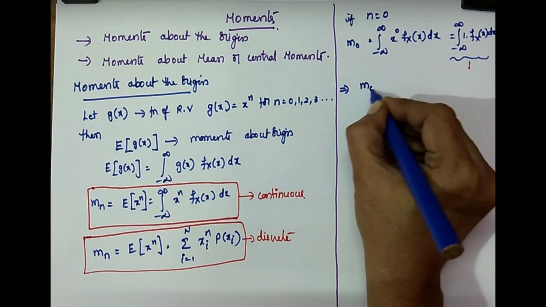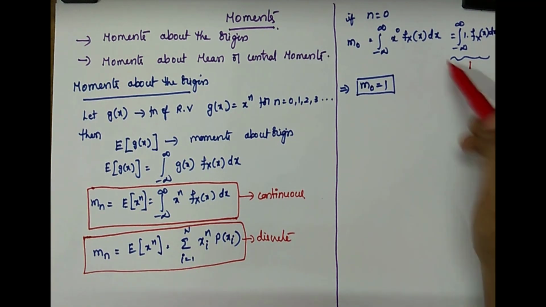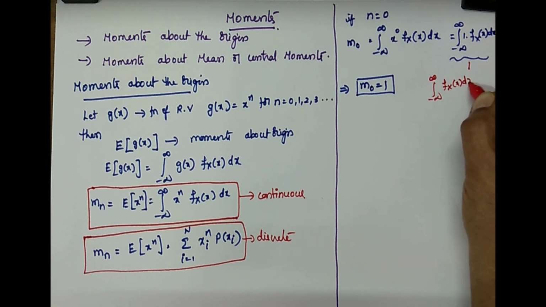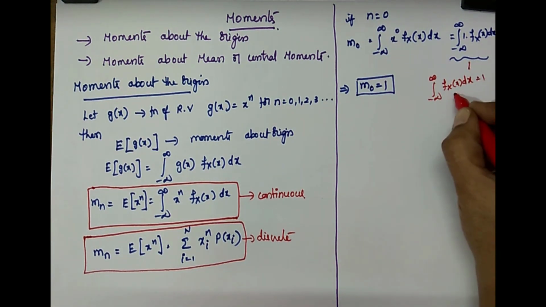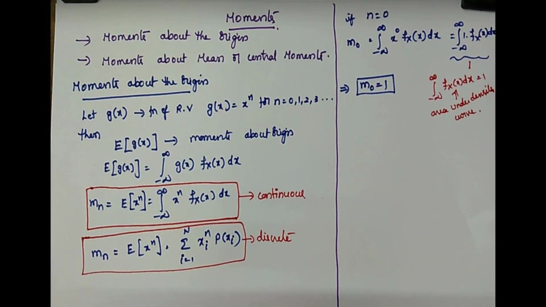So simply m_0 is 1. The integral of fX of x dx from minus infinity to infinity has value 1, and it is nothing but the area under the density curve. So the conclusion: the zeroth moment of x is m_0, equal to 1, and it gives the area under the density curve.